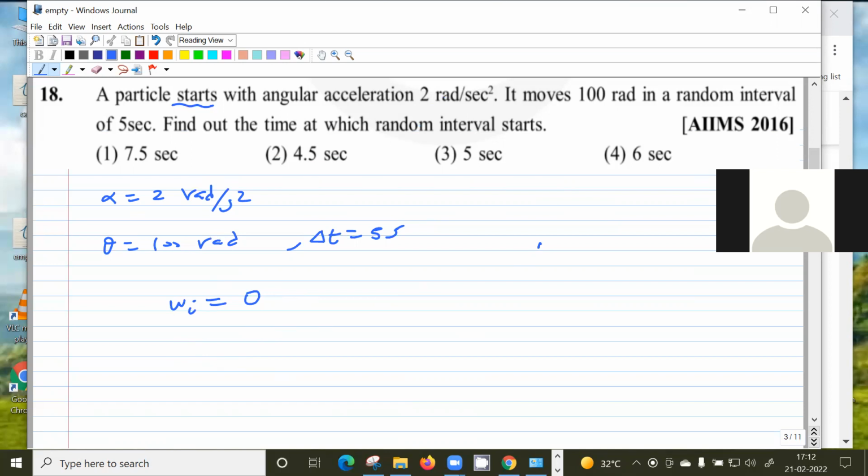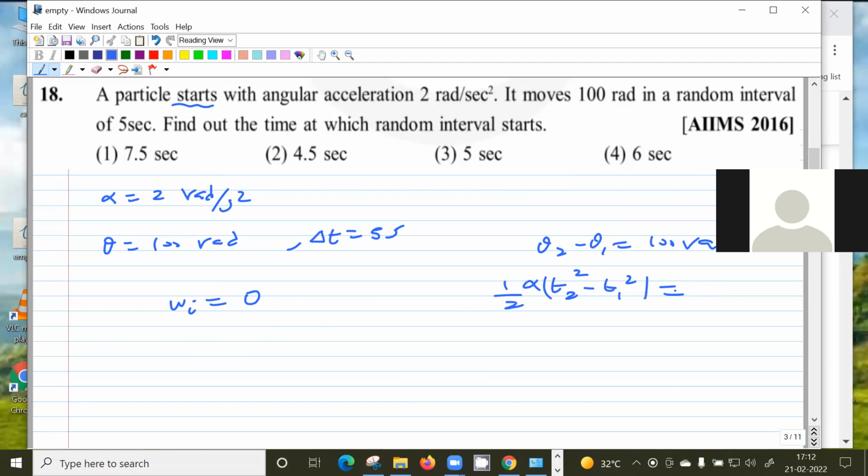So theta 2 minus theta 1 is 100 radian, and theta 2 is half alpha t square. So half alpha into t2 square minus t1 square equals this much.